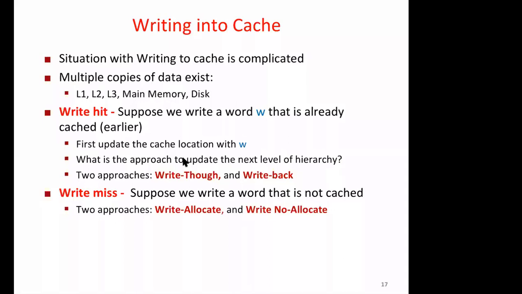That's called write through. The second approach is that the block is available at top L1, write it only into L1. Don't write into L2, L3 and main memory. Keep writing onto it because there might be multiple writes, and at the end, when this block is to be evicted, then you write it down to lower levels, which are L2, L3 and main memory.